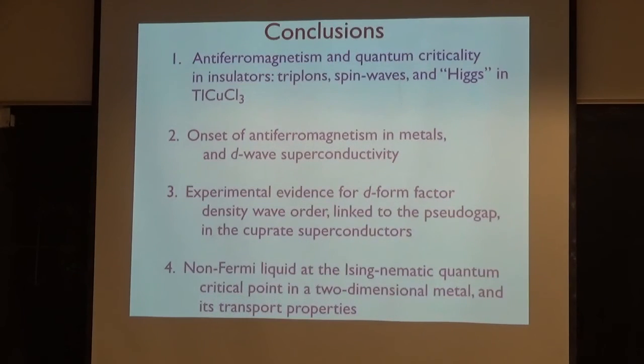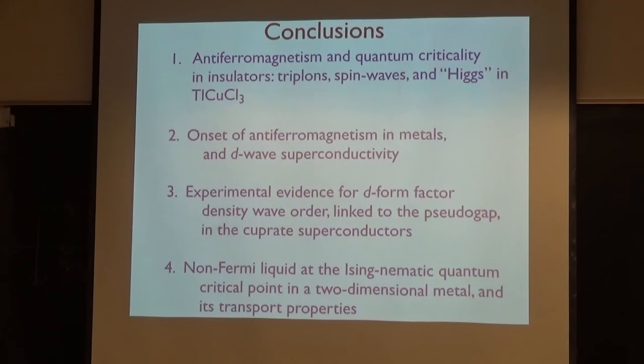All right, I think I've spoken enough, so thank you for listening. These are the four things I talked about. In my first lecture, I talked about the onset of antiferromagnetism in an insulator and showed you a very satisfactory theory and experiments on triplons, spin waves, and Higgs excitations across the quantum critical point, which also agrees very nicely with experiments in TlCuCl3.